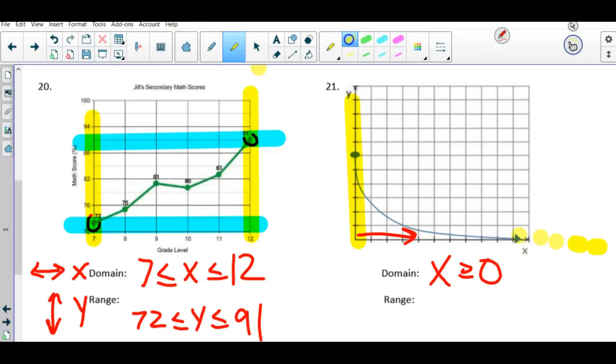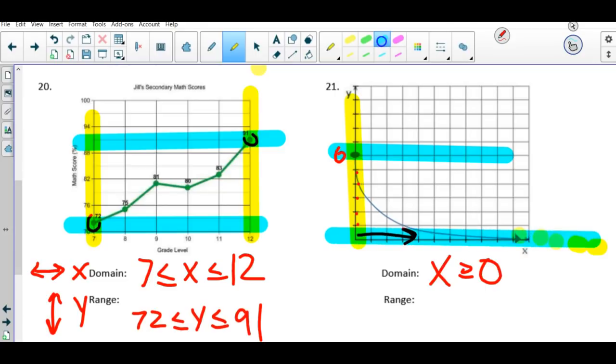The range, highest it ever goes is there, which is 1, 2, 3, 4, 5, 6. Lowest it ever goes will be 0. That's its asymptote. So it's everything in between 0 and 6. 0 less than y less than or equal to 6. It will equal 6. It will never equal 0. So there's our range.